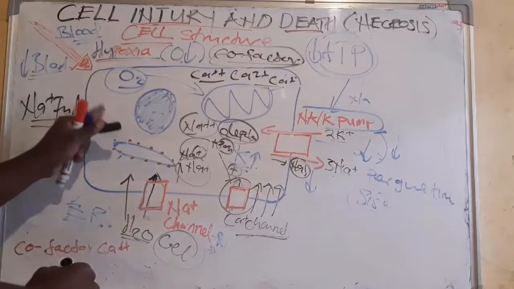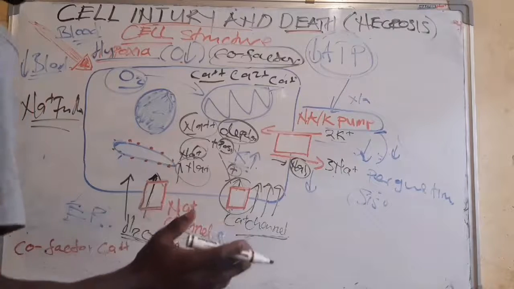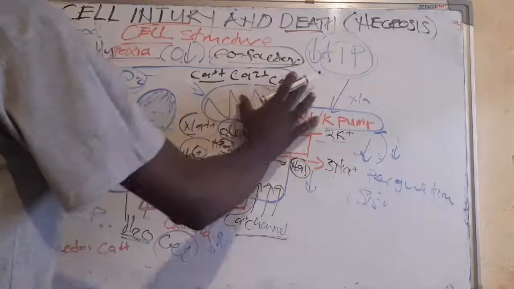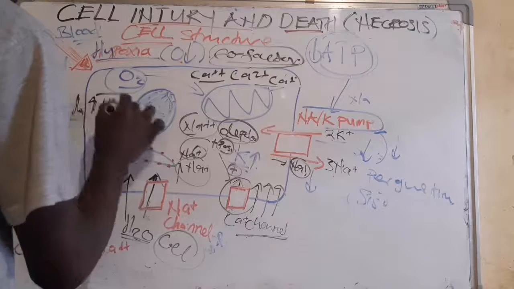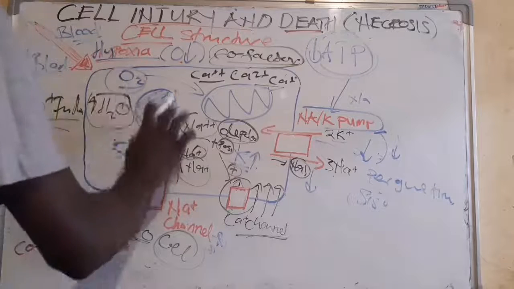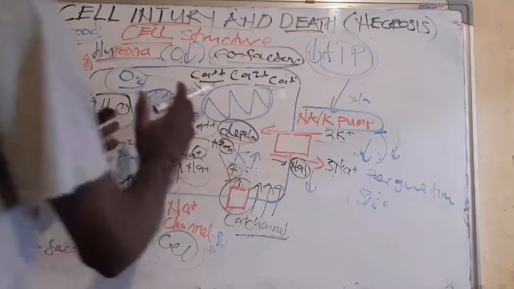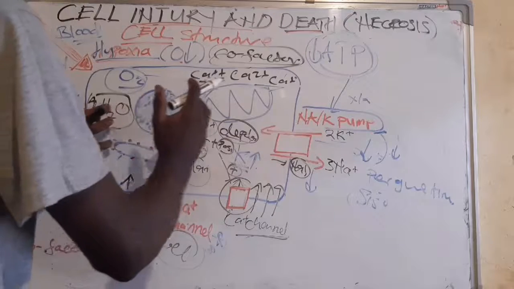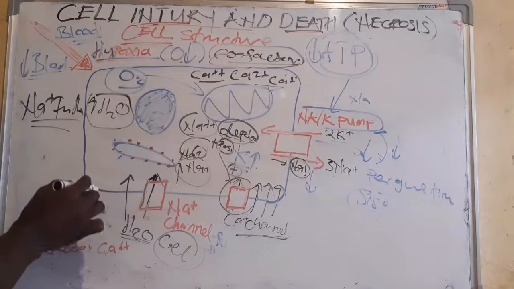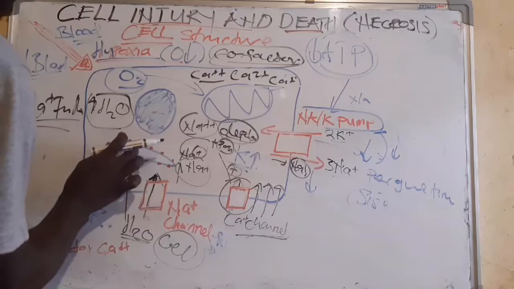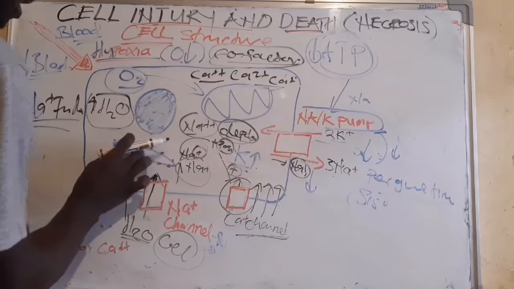As water follows, it causes an increase in water in the cell. This causes the cell to swell. The cell swells as water is accumulating. So as the water is accumulating, what does it cause?